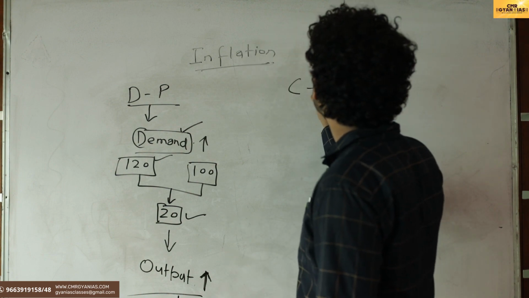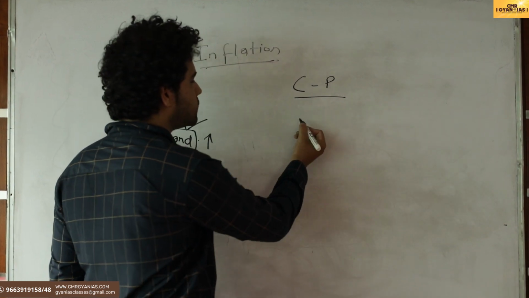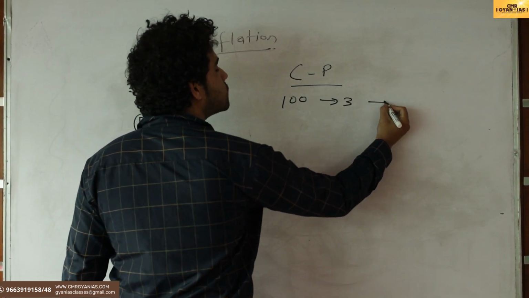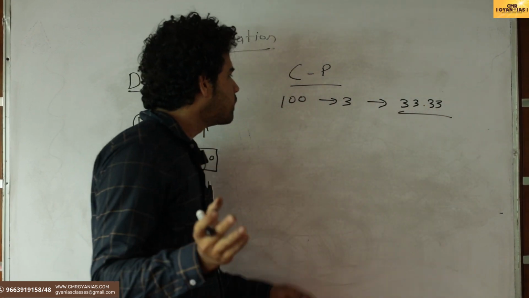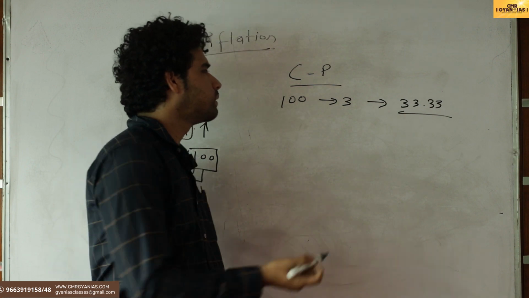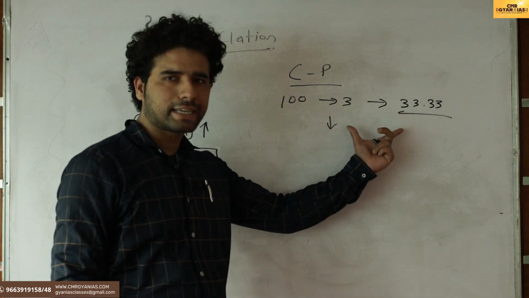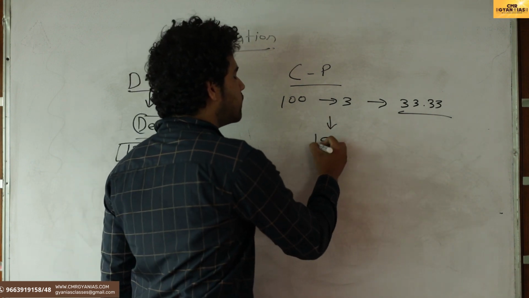On the other hand, with cost push inflation, imagine earlier you could buy 3 chairs using 100 rupees. So the price of a chair was 33 rupees. Now there is cost push inflation. The cost of production of a chair has increased such that now the price of one chair is 50 rupees.